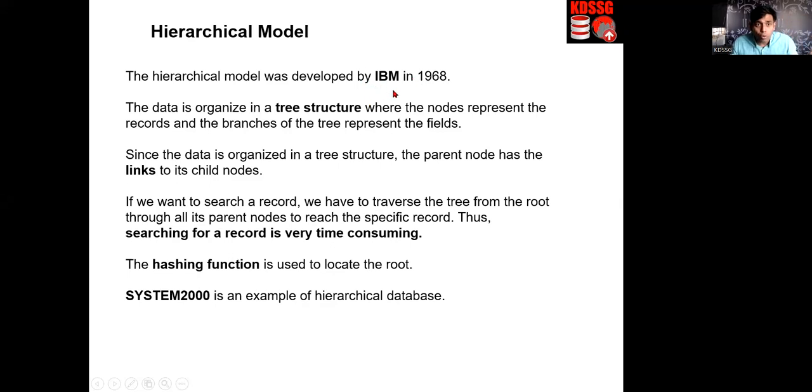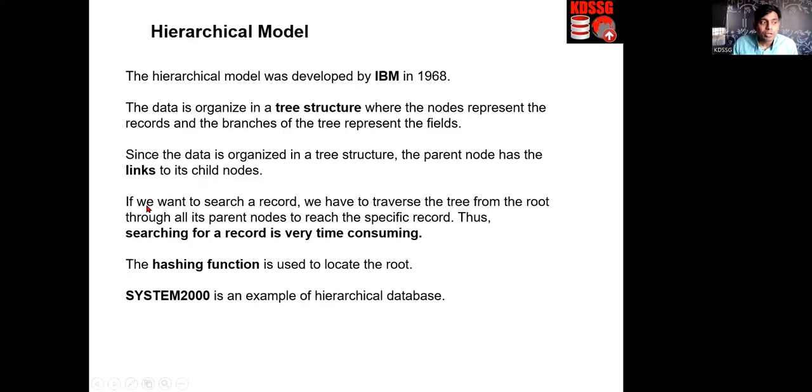They said, when you are storing data, store it in the form of a tree structure, with parent nodes and child nodes. Store everything like a family tree, sir. Father, then again son, daughter, whoever, and then again son, daughter, or daughter, son. That is the hierarchical model.